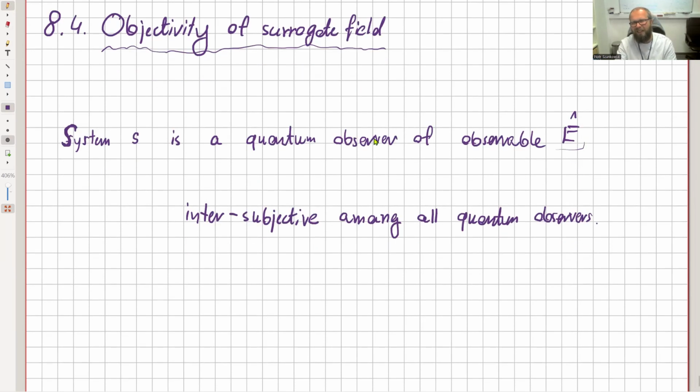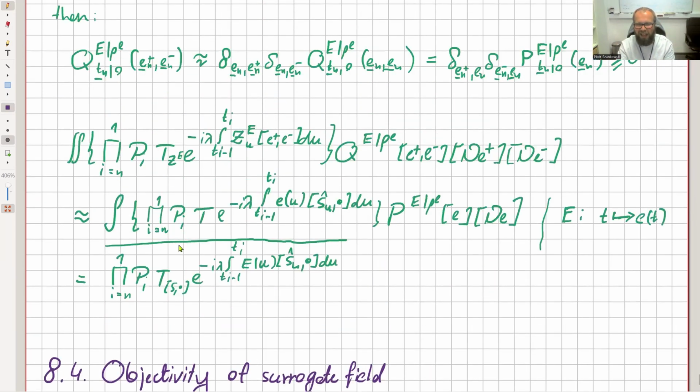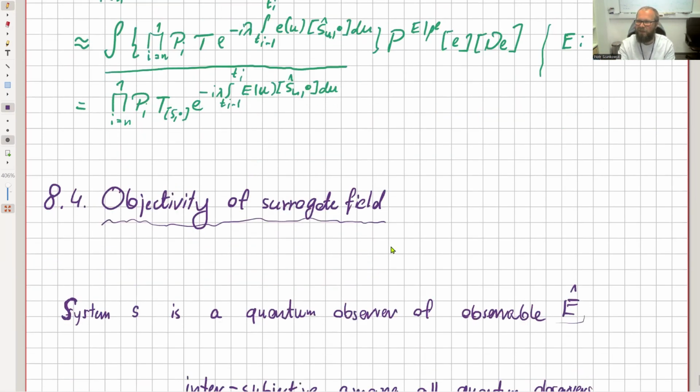In other words, what would happen if we actually try to measure the observable E as classical observers? We would try to measure this operator E directly, right? We know that systems S coupled to E experience this surrogate field. You can imagine that they see it as those trajectories, but we also know that you have to average over all those trajectories.